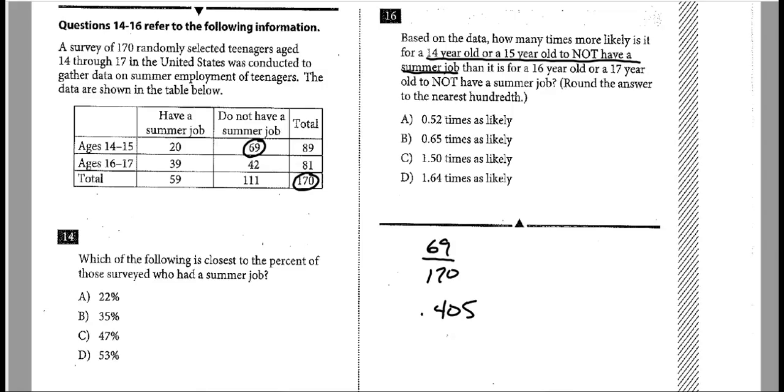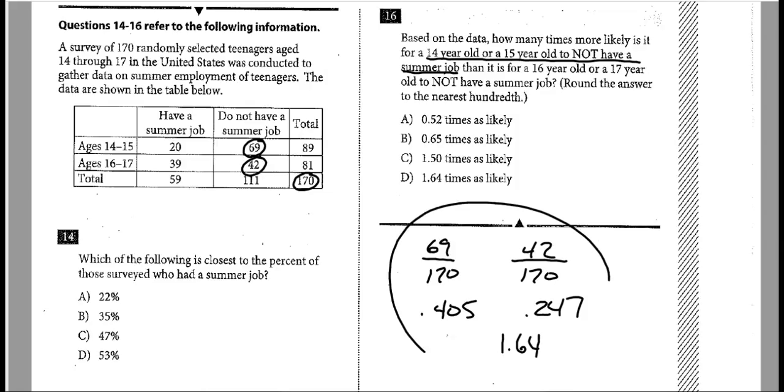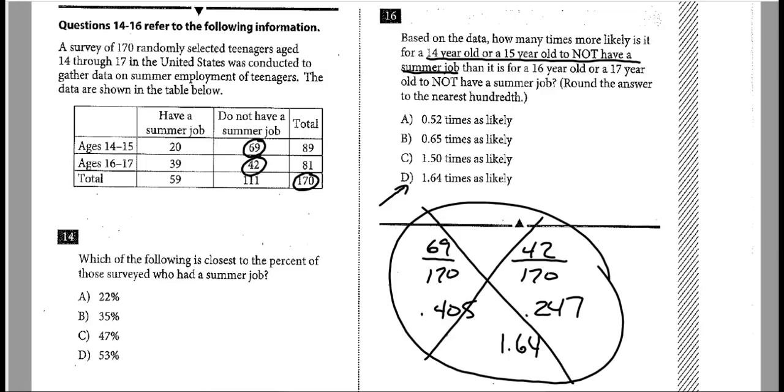Then we did 42 out of 170 for the older kids, and we got 0.247. When we divided those two numbers, we got pretty close to 1.64. This was not the correct way to think about it, but if you got that answer, that's probably what you did. You compared the likelihood of them not having a job to the total population instead of each their own.